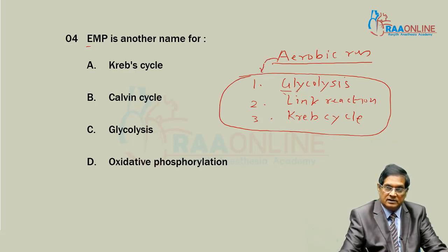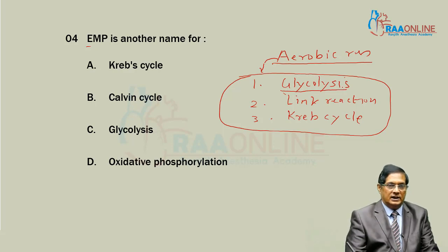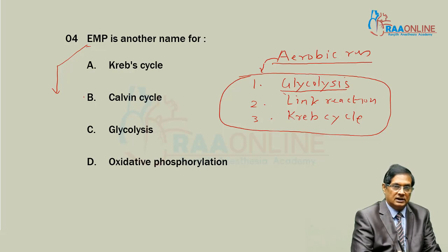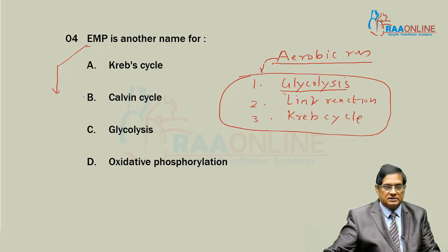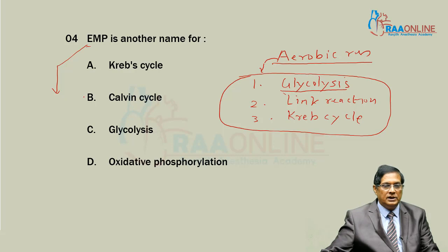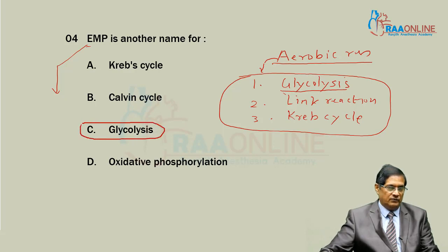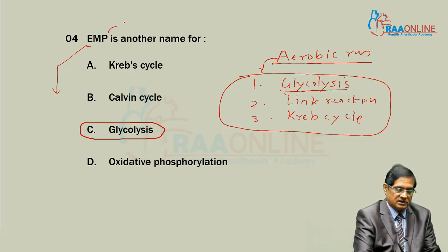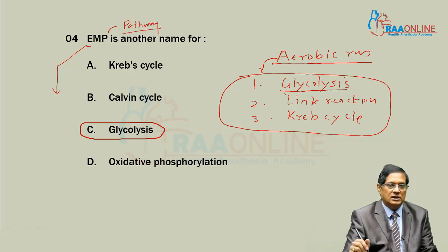The first one is glycolysis. EMP pathway is another name for glycolysis. Actually, it is the EMP pathway, named after Embden, Meyerhof and Parnas who discovered it. EMP pathway is more correct than EMP only.